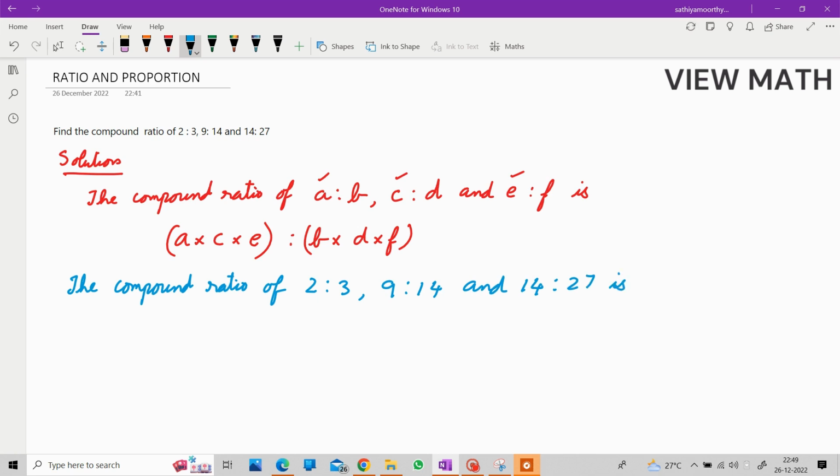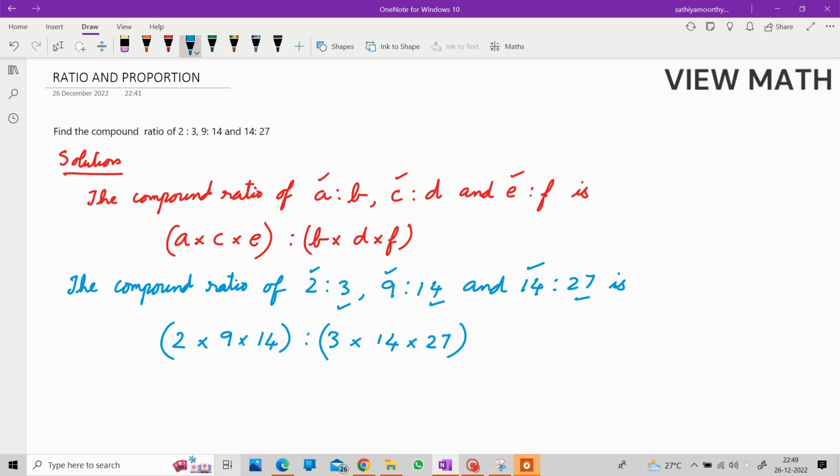So I'm going to combine the antecedents 2, 9 and 14. It gives me 2 into 9 into 14 is to the consequents 3 into 14 into 27.